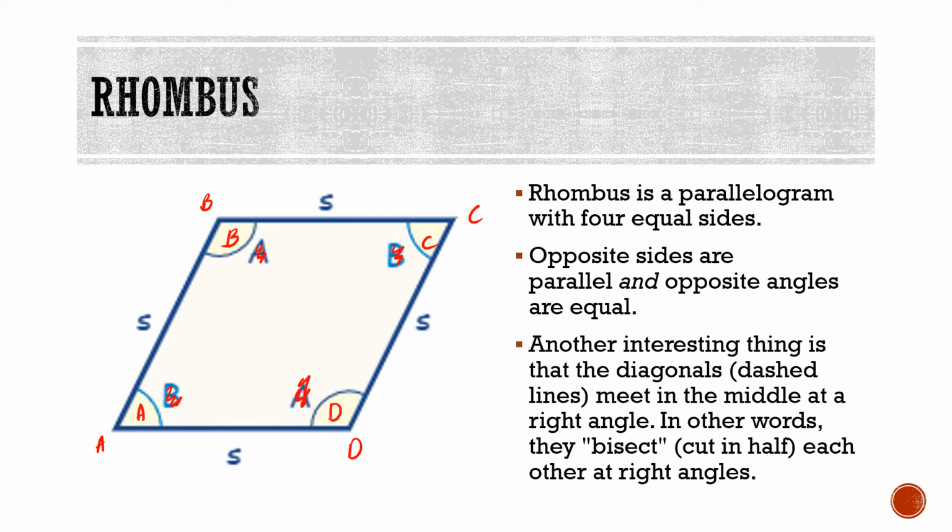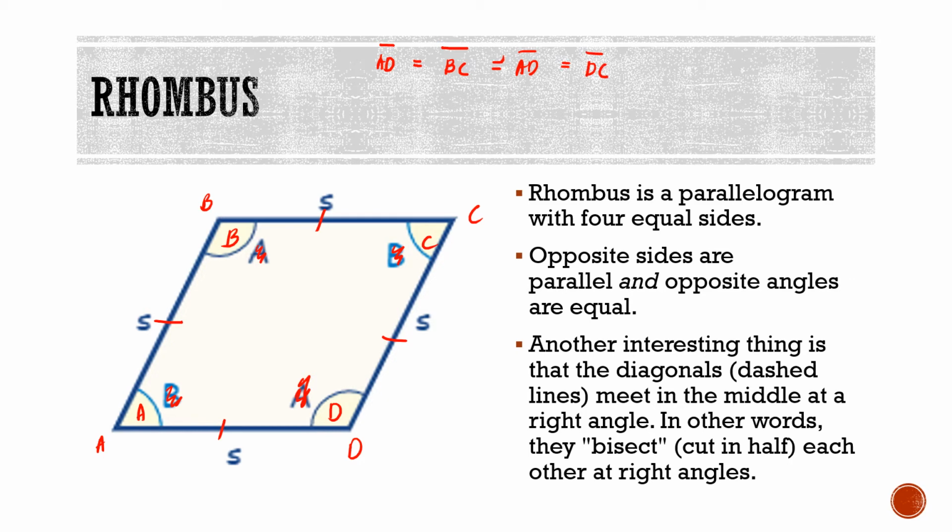Now, according to the definition, the rhombus is a parallelogram with 4 sides which are equal. Meaning this side is congruent or equal to this side, is also equal to this side and this side. So, we can write this as side AB is equal to side BC is equal to side AD is equal to side DC.